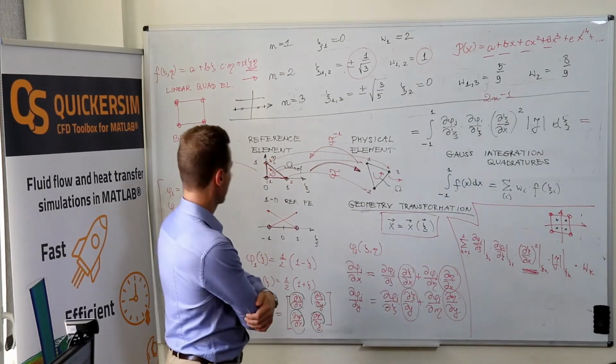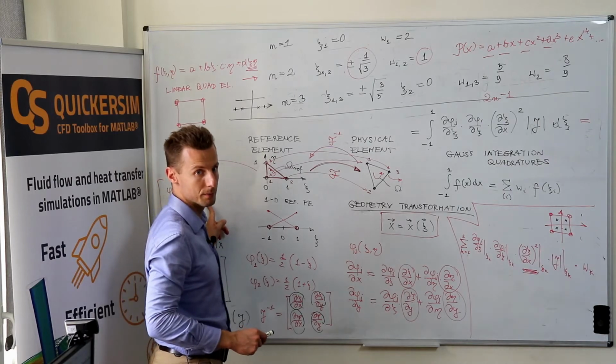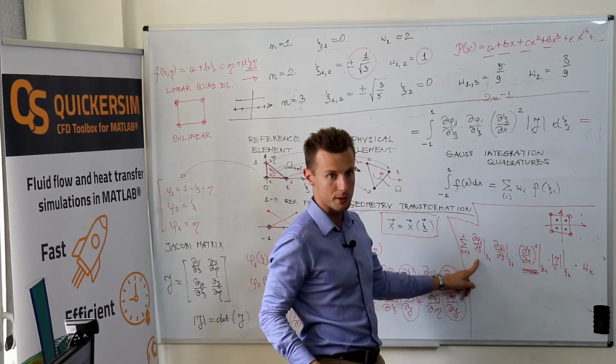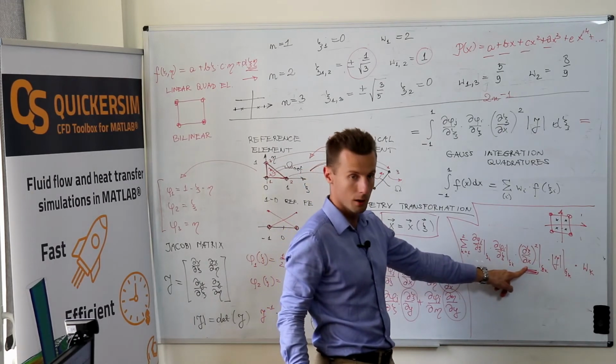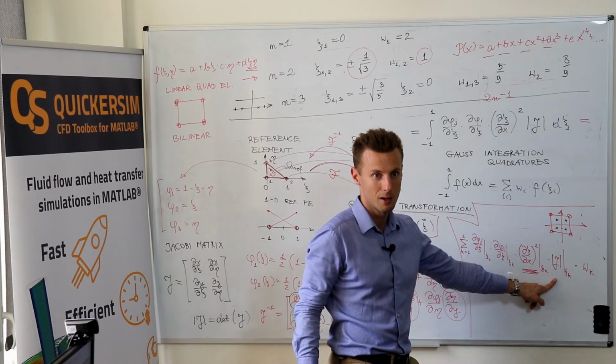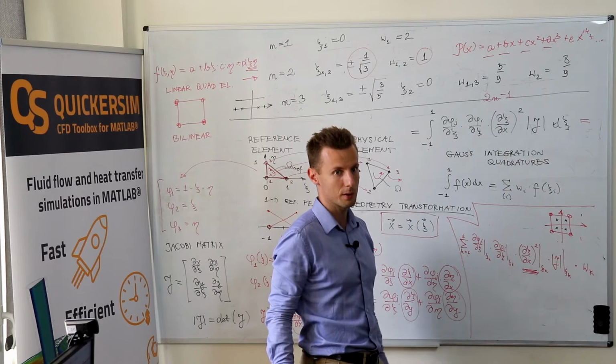Okay, but let's assume you've got a constant triangular element. What's the order? Constant, constant, constant. Diffusion matrix, 1 integration point, just 1.